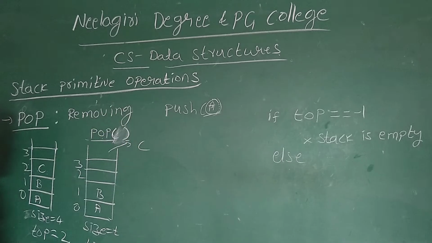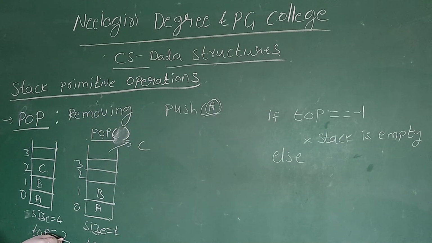Now what do we have to do? Simply decrement the top value. What was the top value? 2. Now what is the top value? 1. It has decreased. So we decrease the top value by 1. First remove the element at the top position and decrease the top value.